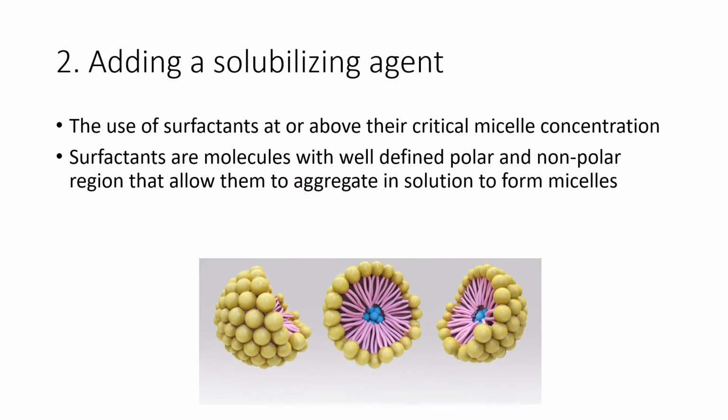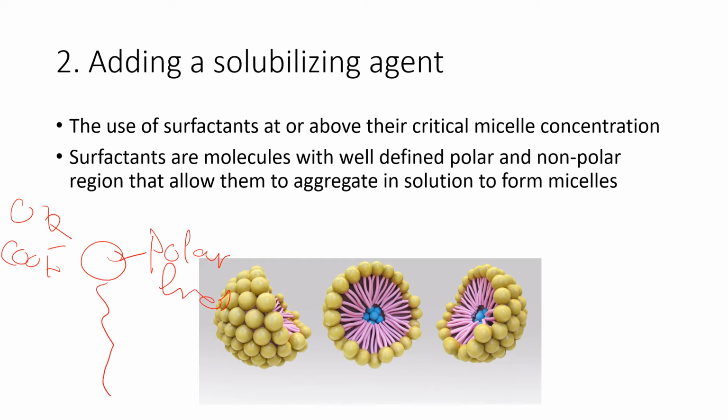Another technique is adding a surfactant, and you know that each surfactant has a polar head. This polar head could be an OH group, COOH group, or any polar group, and a non-polar tail, and this non-polar tail could be CH2, CH2, CH2, and CH3, and so on. So that is a surfactant molecule.